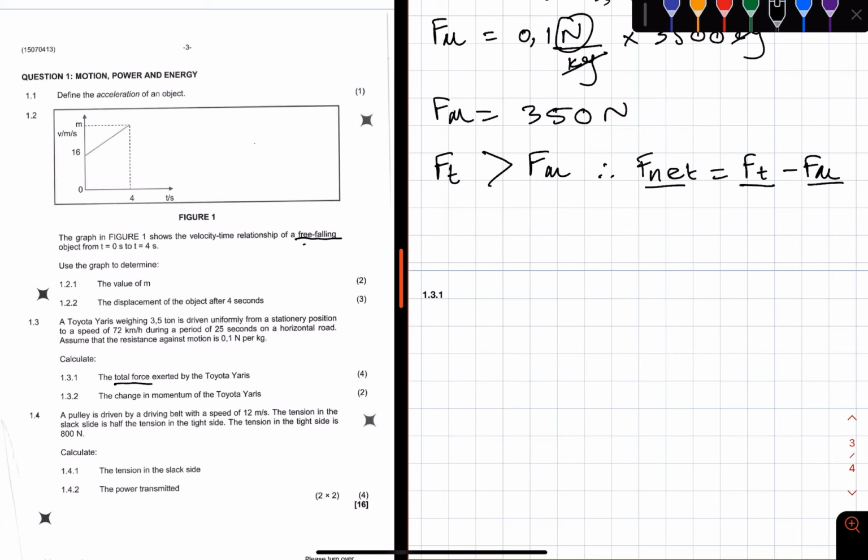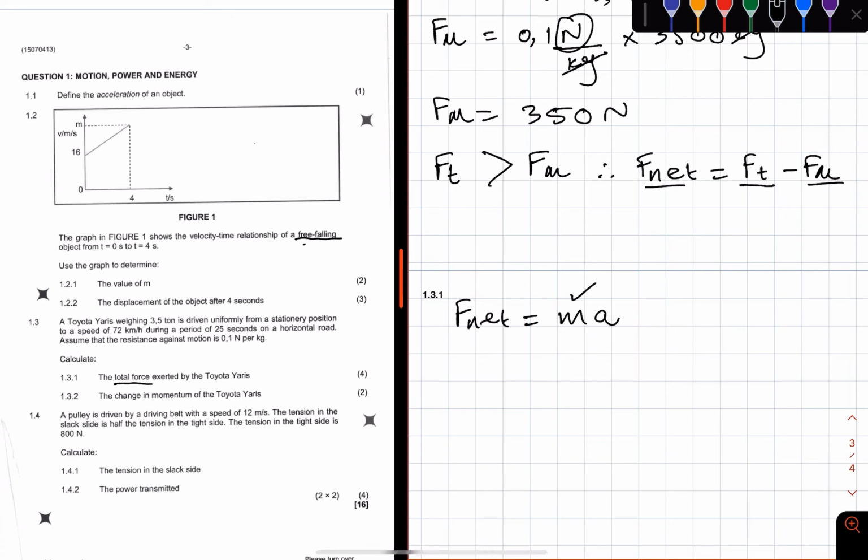There is a number of ways we can get F net, but the one we are going to use is based on Newton's second law of motion. From Newton's second law, we know that F net is equal to ma.